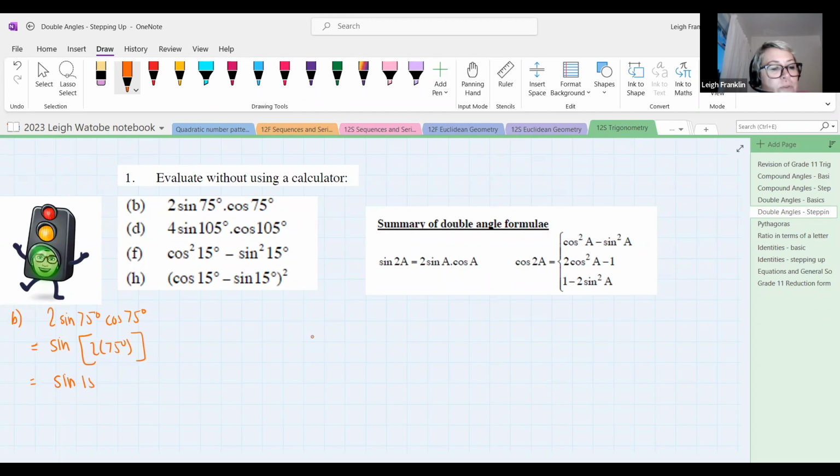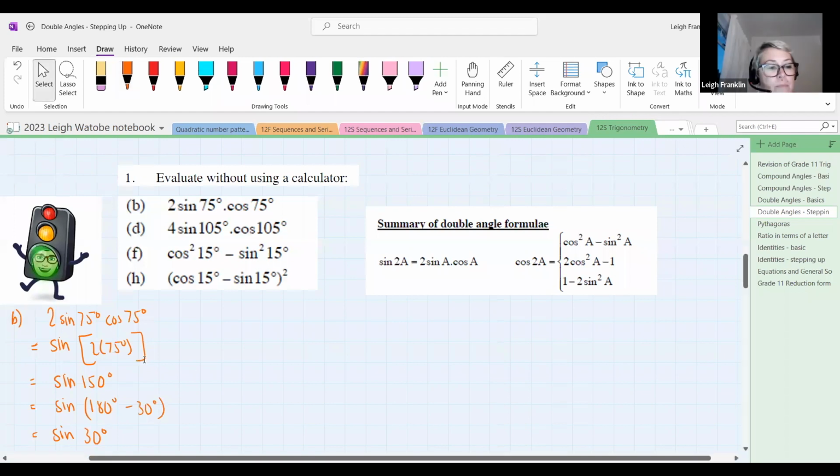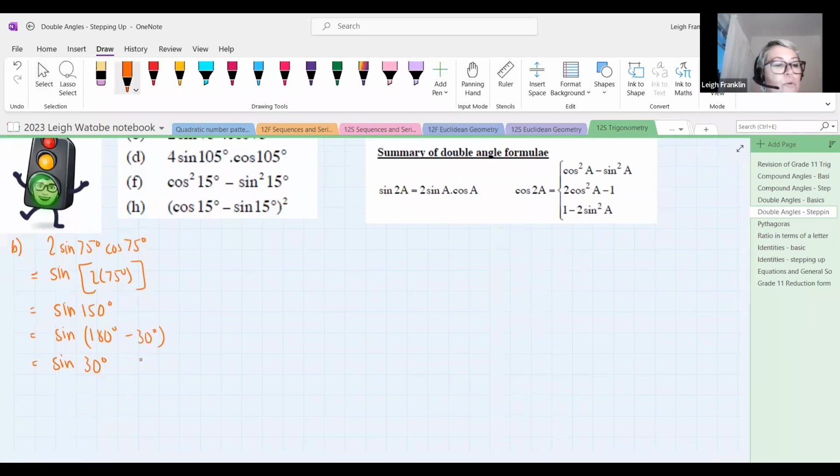And what did you do after that? Sine 150 is equal to sine 180 minus 30. It is. Equal to sine 30, which is then equal to 1/2. Well done. Beautiful. Beautifully explained. Well done, Sinenkosi. That was lovely. Very, very good.